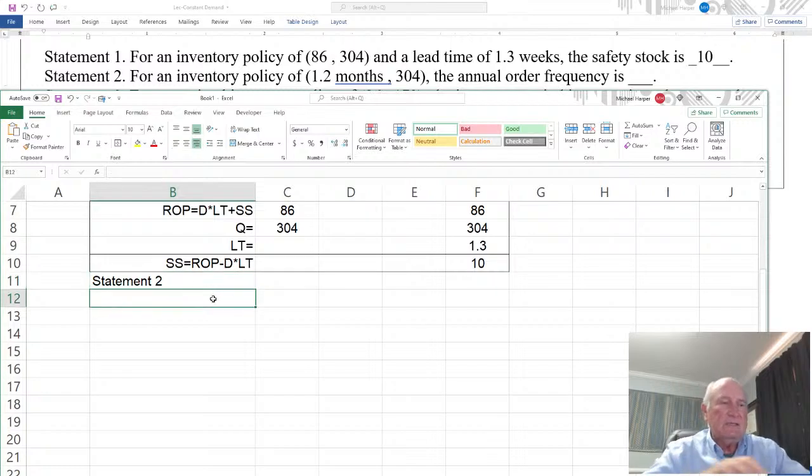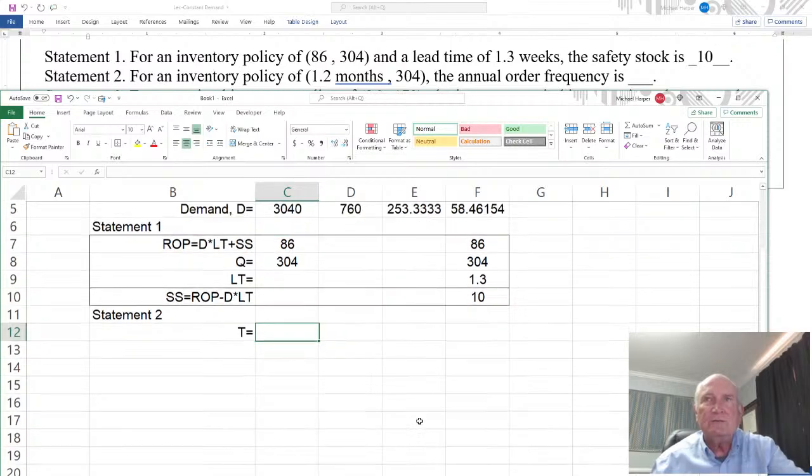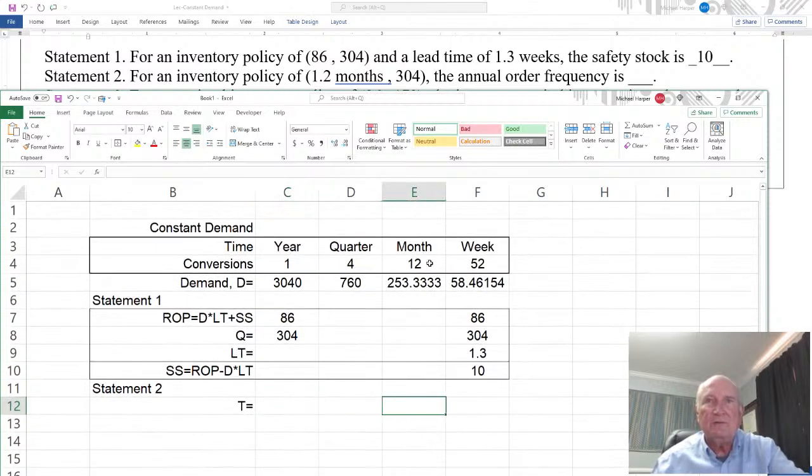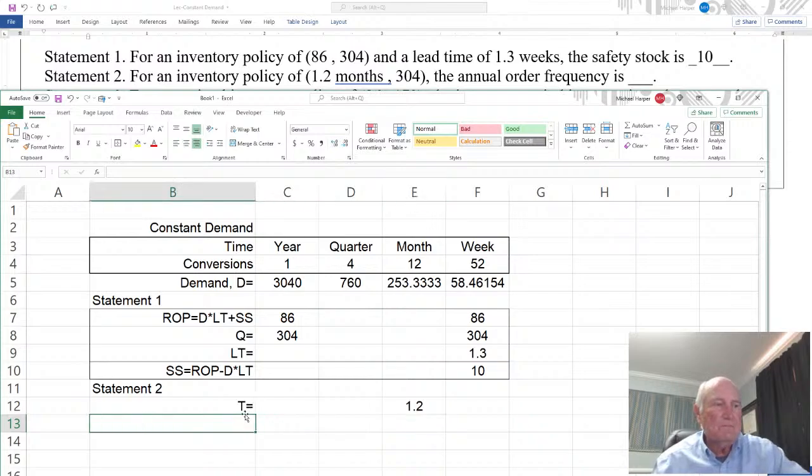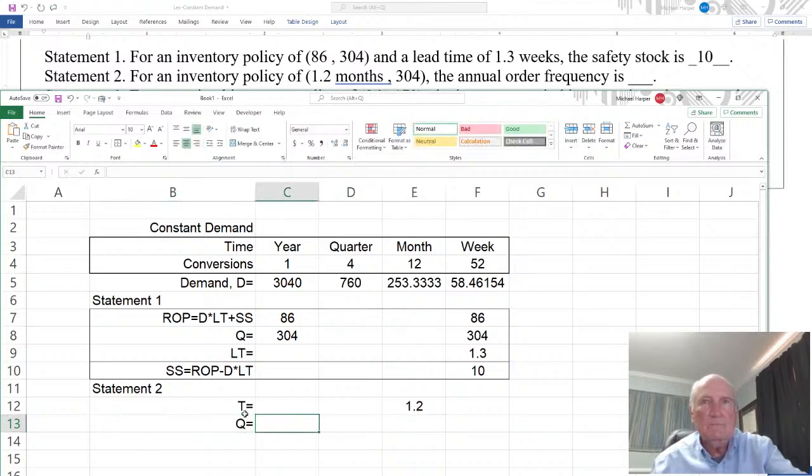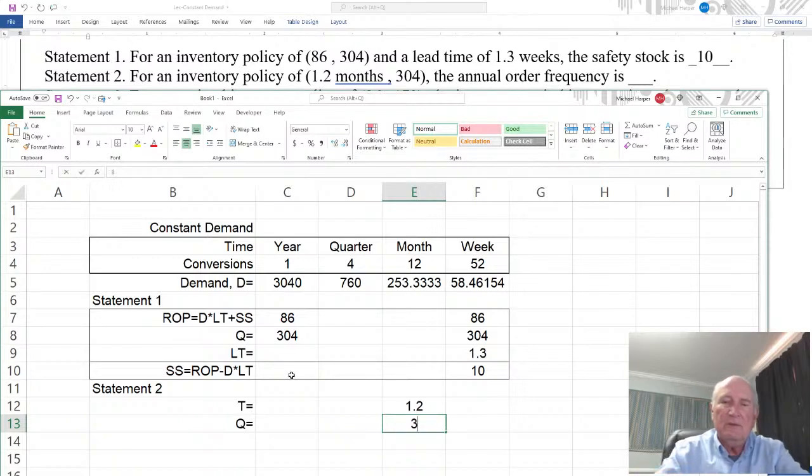That's T. T equals 1.2 months. That's going to be over here into months, 1.2 months. The lot size is 304 again. I'll put that under the 1.2 months, 304.